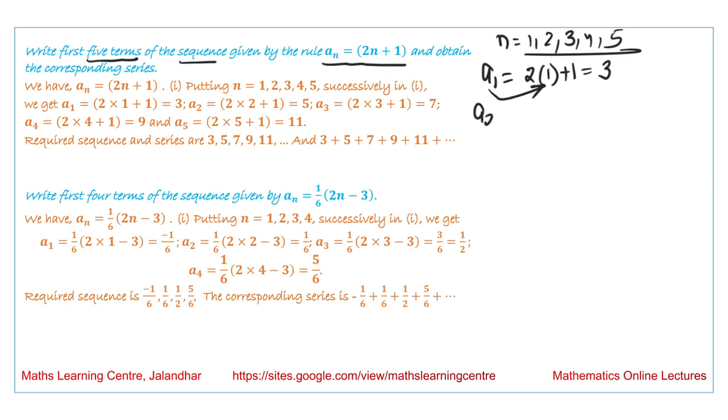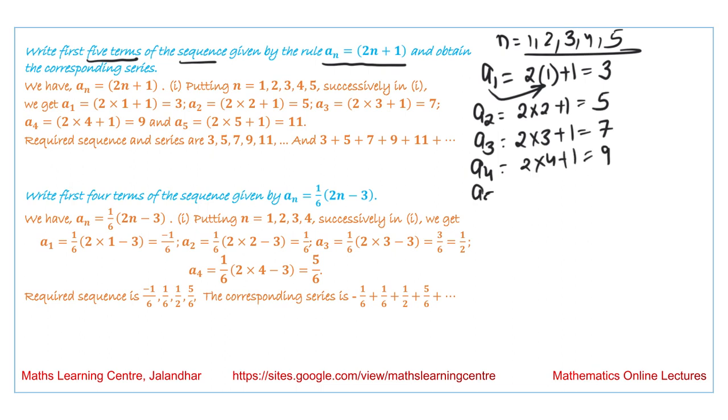Next a2 is equal to 2 into 2 plus 1, that is 5. a3 is equal to 2 into 3 plus 1, which is 7. a4 is equal to 2 into 4 plus 1, which is 9, and a5 is equal to 2 into 5 plus 1, which is 11. So the first 5 terms of this sequence are 3, 5, 7, 9, 11, and so on.